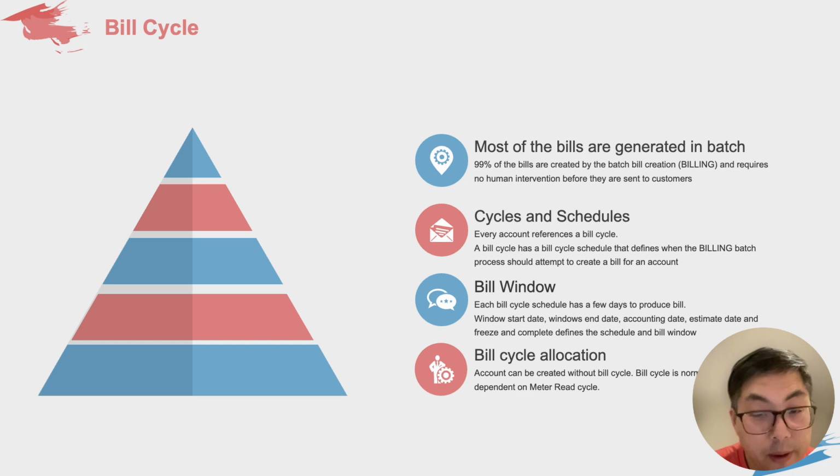When the account is created, we don't necessarily have a bill cycle, because when do we actually bill this customer? If it's consumption based, it is very much dependent on when the meter is actually read. And that is something called the meter read cycle in MDM.